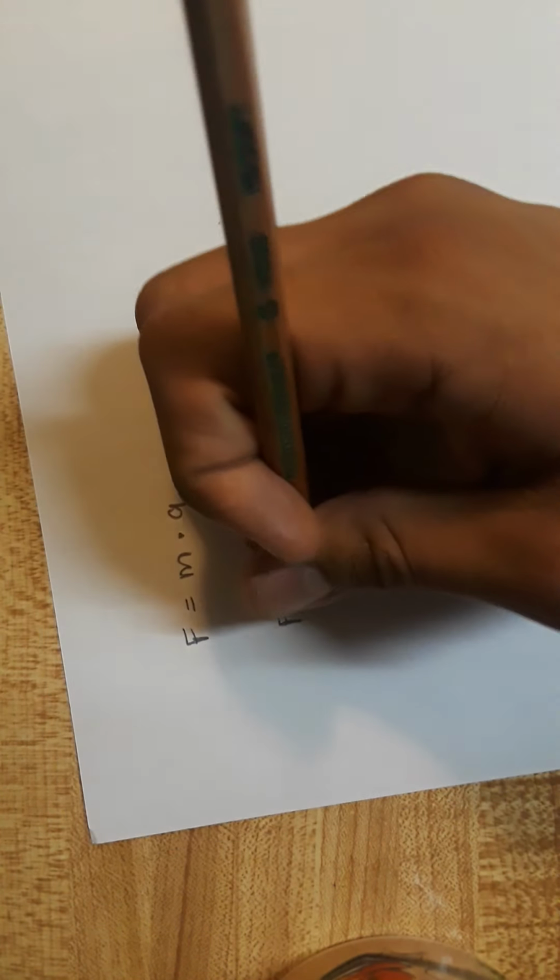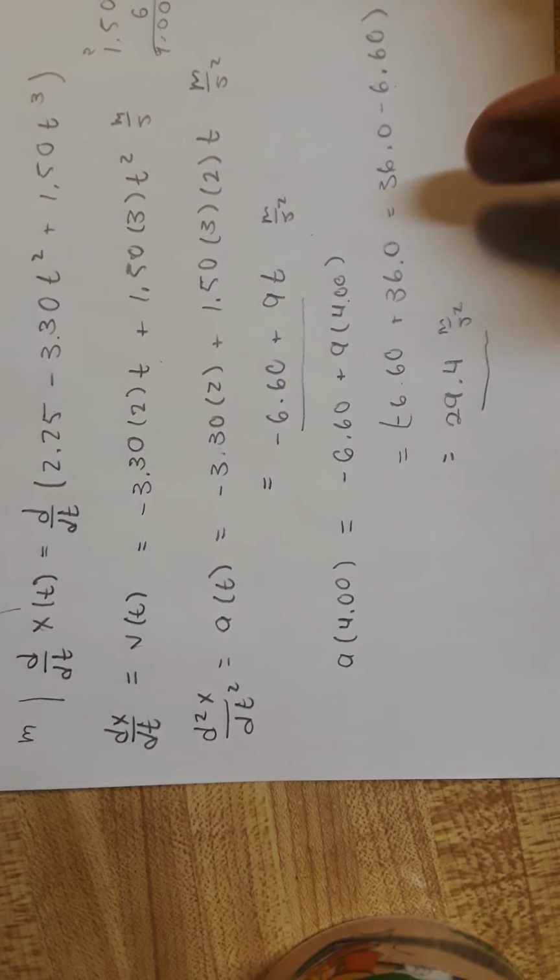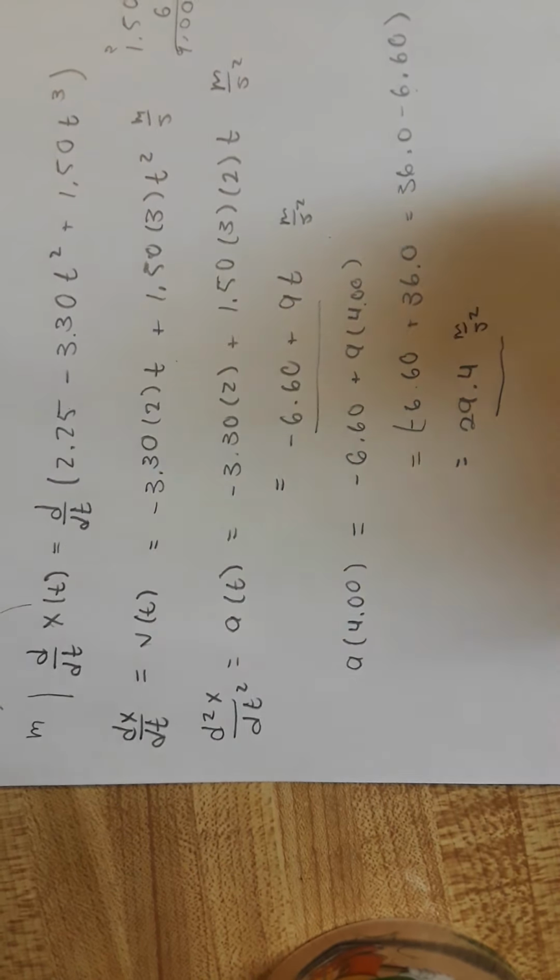So for the car, the force is equal to the mass, which is 1.80 kilograms, times its acceleration. We found that to be 29.4, and this is its acceleration at 4 seconds. So 29.4 meters per second squared.